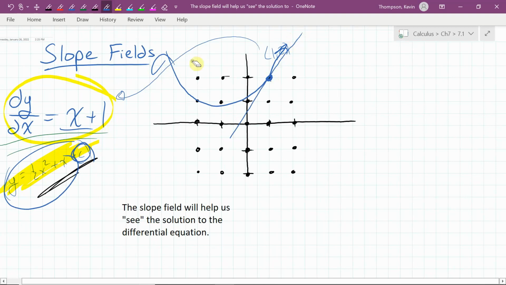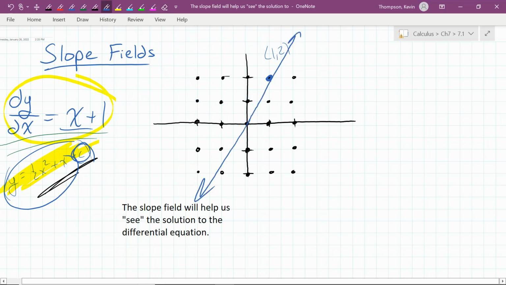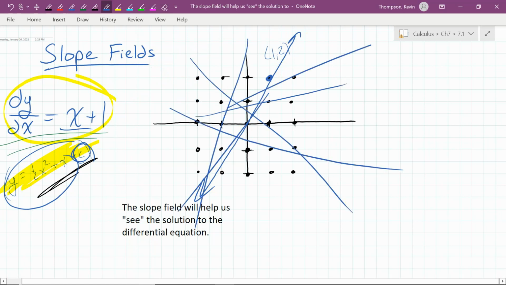Now, here's the issue. I'm going to delete the solution because we're trying to see the solution. But it's going to get really messy if I draw my tangent lines going across the whole field, right? Because I'm going to draw another tangent line in other places, and I'm really just going to end up with lines going everywhere, and I'm not going to be able to see the shape anymore.